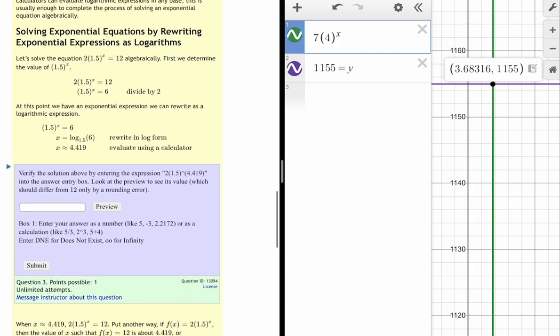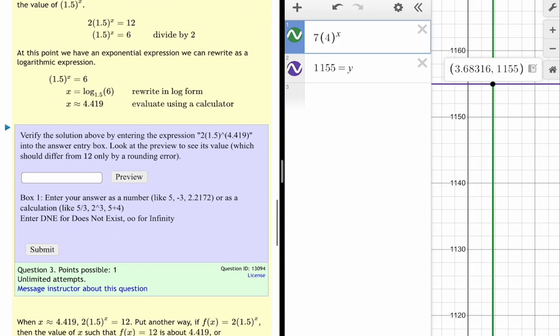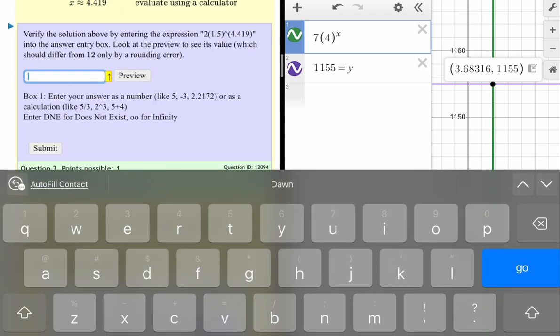Now, here it says verify the solution above. So they've done this equation. They say that the answer is 4.419. And it says, look at the preview to see if its value would be really close to 12 if you round it. Okay, so let's enter what they said there.